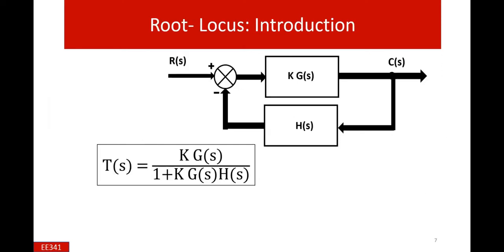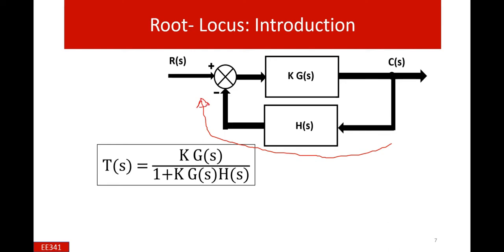A part of the lecture is just a review from the previous one. We have a closed loop system, where the loop is completed by feedback, and this feedback is negative feedback, which is what we usually use in control systems.